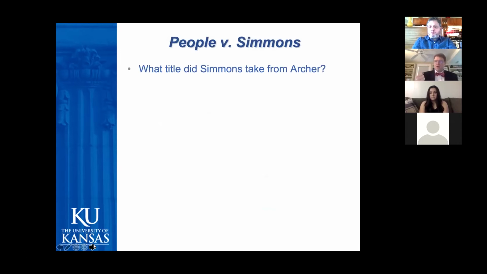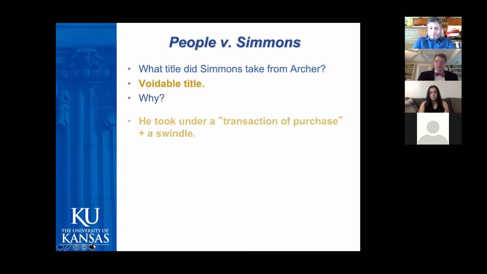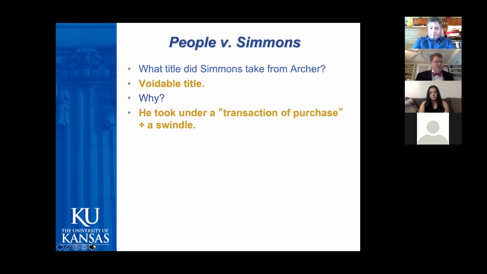Or it could be voidable title, and voidable title comes only from those transactions where we have a transaction of purchase, a voluntary giving up of the good, coupled with a swindle. And here that's what we have, right? We have this transaction of purchase, voluntarily giving up the diamond, coupled with this statutorily approved swindle. And what does that give us? Voidable title. Okay, so we have voidable title.